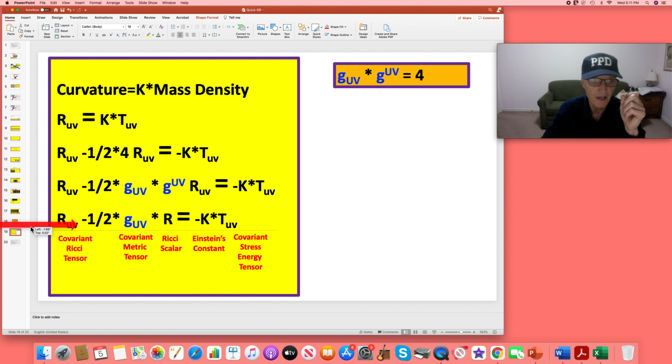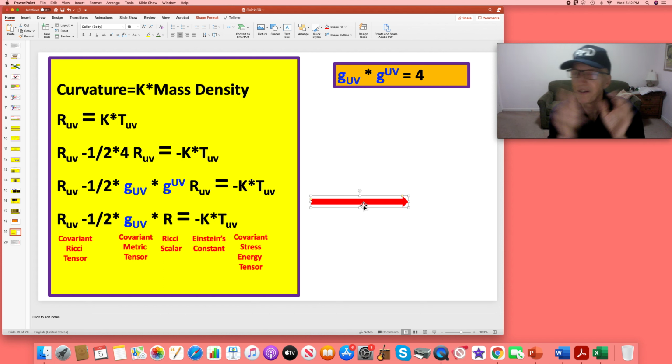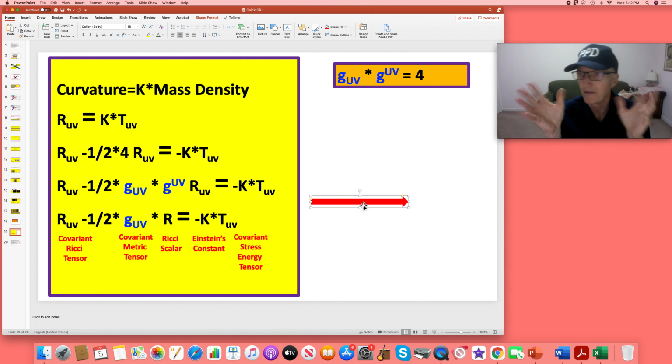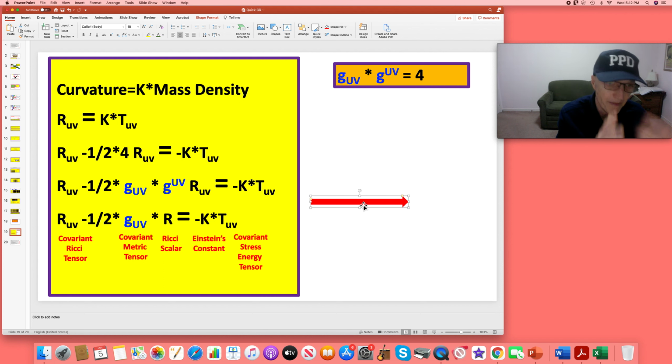So what you end up with after that is R subscript UV minus 1/2 times G subscript UV times R is equal to minus K times T subscript UV. That's what you get. And guess what? That's Einstein's gravitational field expression in full. Well, he added things later on, cosmic coefficients and things like that, but I don't want to go in there. I want to deal with the basic gravitational field theory.